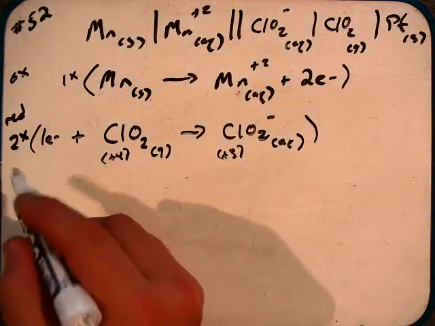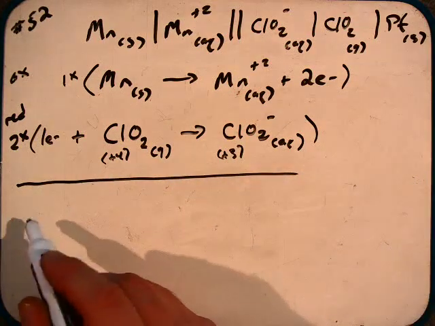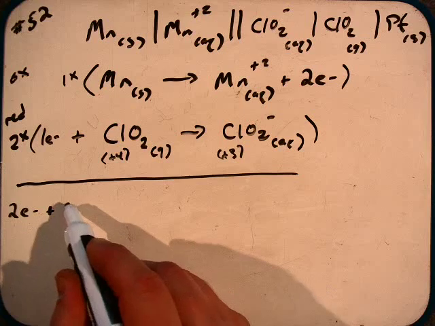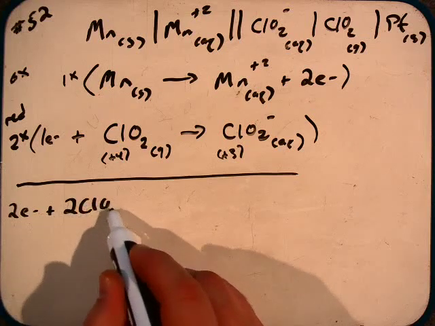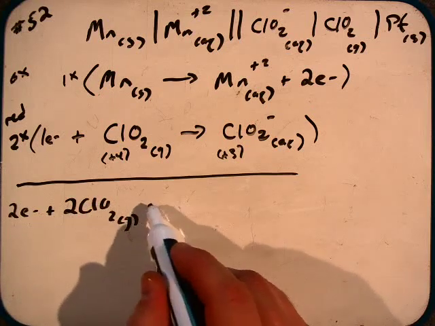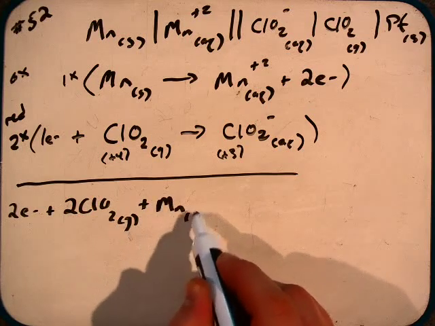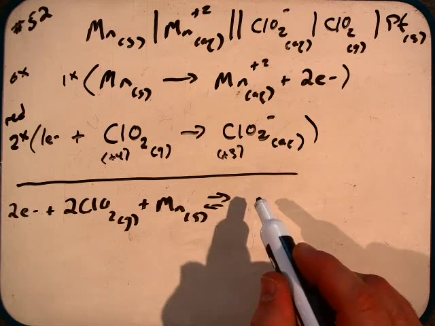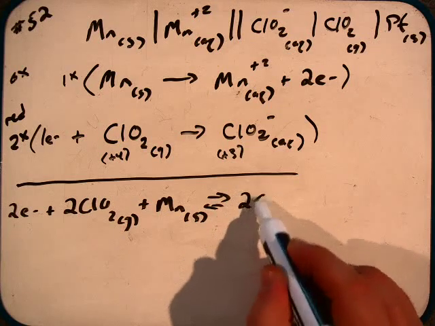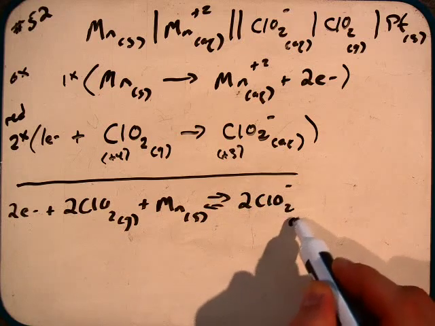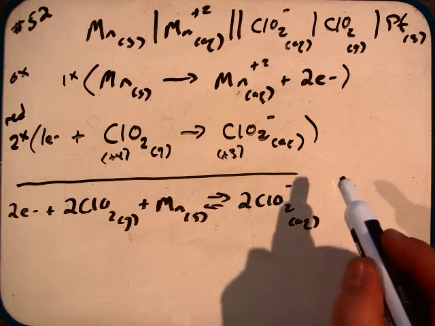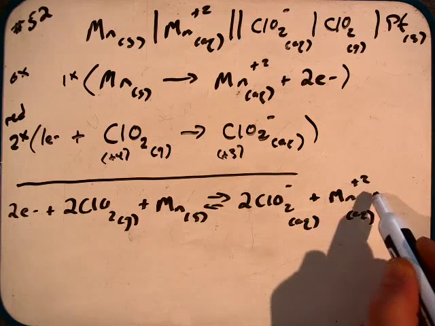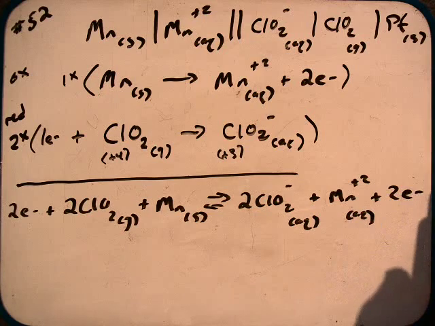And so if we add up those two reactions, we would get 2 electrons plus 2 ClO2 as a gas plus manganese as a solid is in redox equilibria with our 2 ClO2 anions that are aqueous plus our manganese plus 2 that's also aqueous plus our 2 electrons.